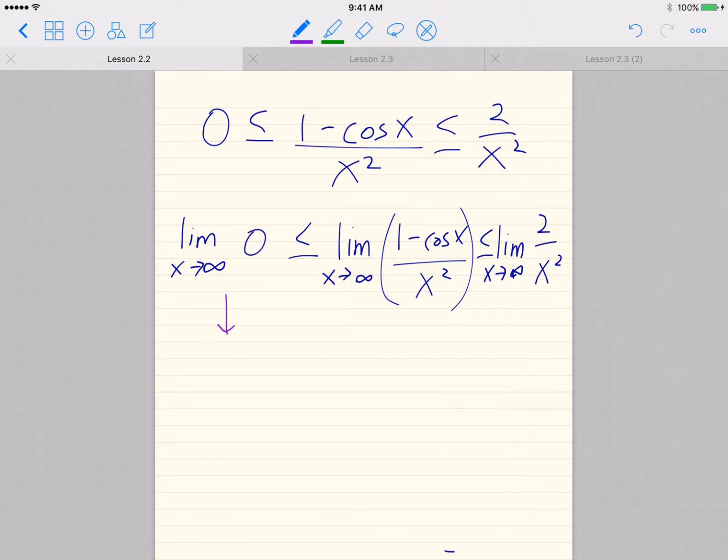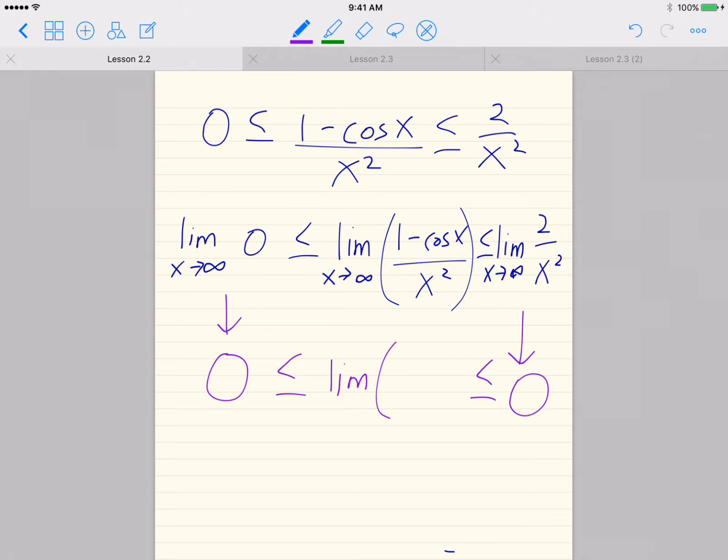I could see that the limit of 0 doesn't depend on x, so your answer for that is 0. And the limit of 2 over x squared is just like 1 over x squared. As x approaches infinity, you just get a smaller and smaller value, so that becomes 0 as well.